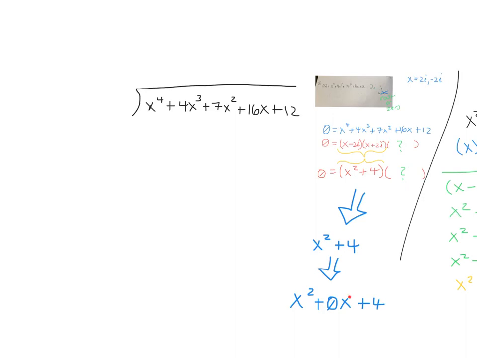We need that exponent of 1 represented. So it could say 2, 1, and then really this is x to the 0 power. You can imagine that, because anything to the 0 power is just 1. So this is x to the 0 power, which is 1, times 4, which is just a 4. So we want to represent this as the divisor. So it's x squared plus 0x plus 4.